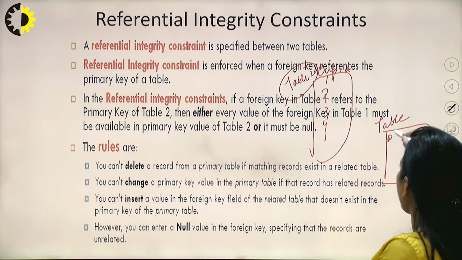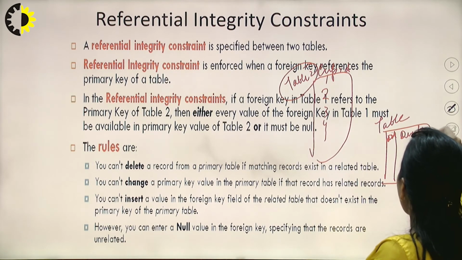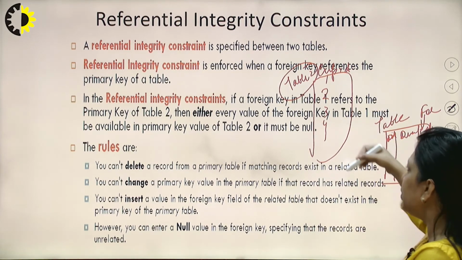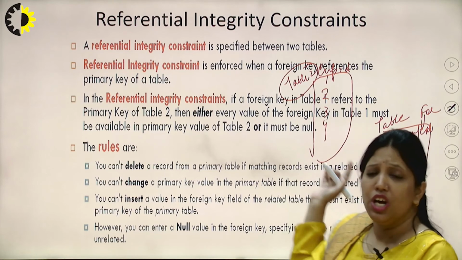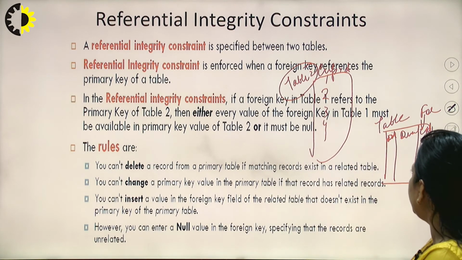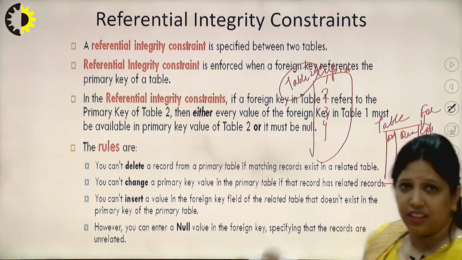Here we have department ID, department name, and this employee ID we have used as a foreign key. Then it will contain only the values 1, 2, 3, 4, not different from 1, 2, 3, 4. It will not contain 5; 5 is not allowed here.